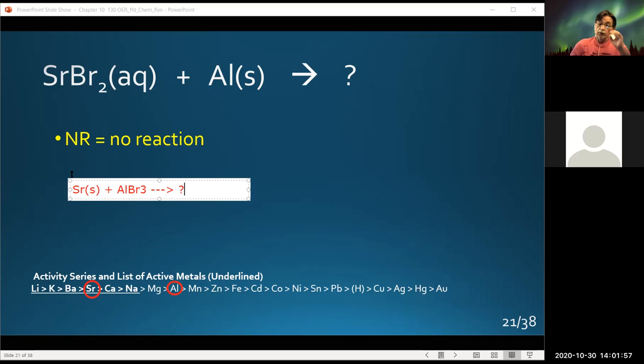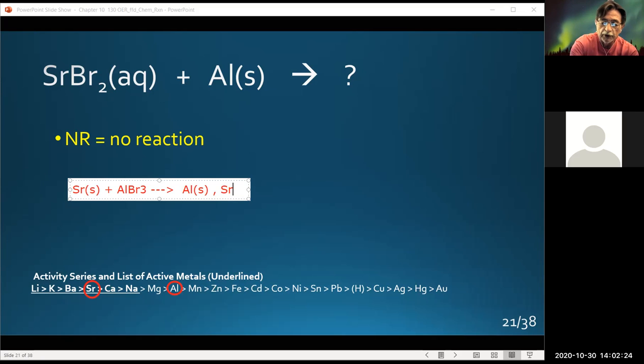The answer is no. And so, yes, you would get a reaction and you would end up with aluminum metal, because you're exchanging places. And then you're gonna have strontium and bromide together, but let's write the ions first. So make sure that we put them together correctly.